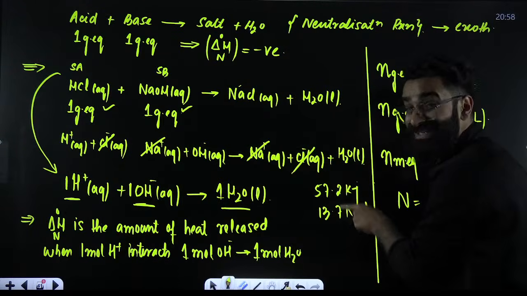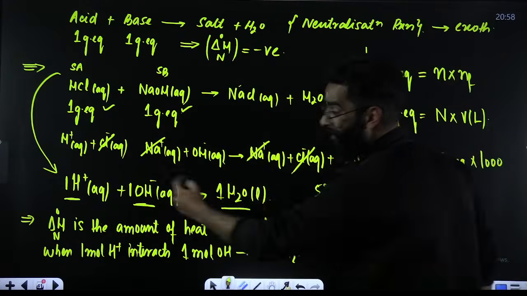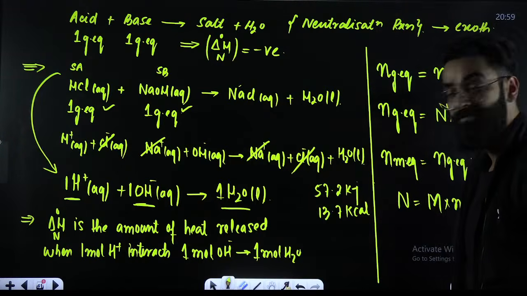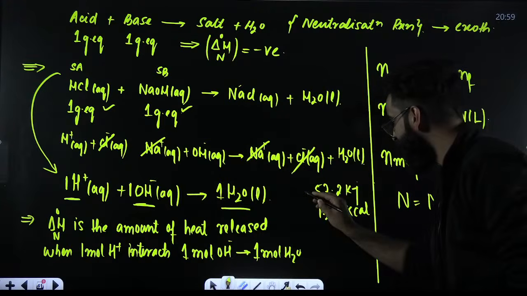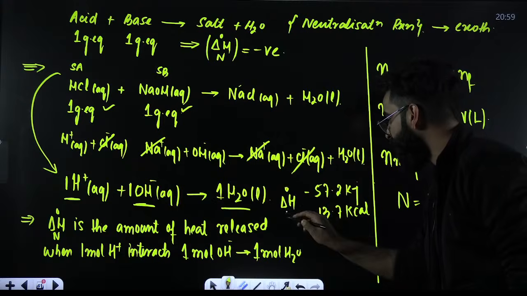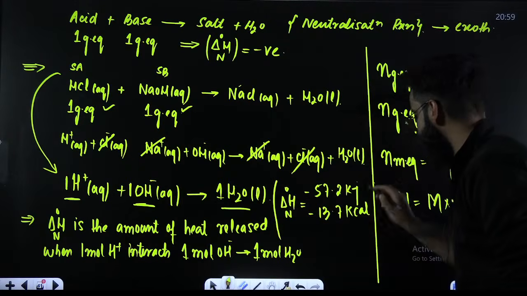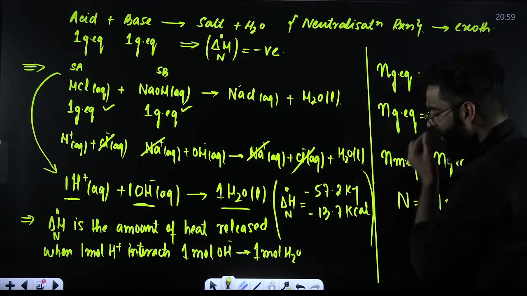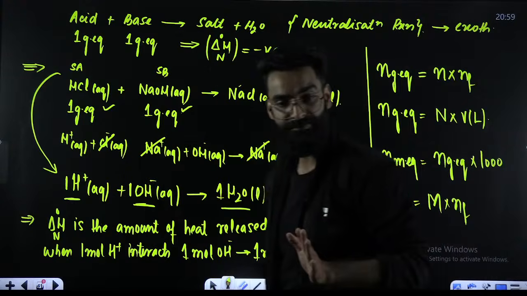Since heat is released, I'll be using the minus sign. So the enthalpy of neutralization in this case is minus 57.2 kilojoules or minus 13.7 kilocalories.